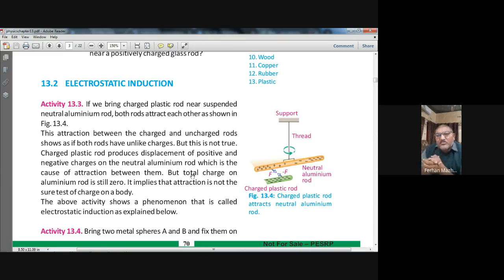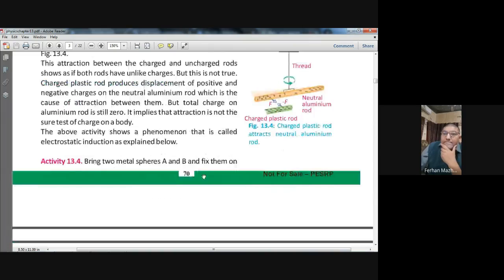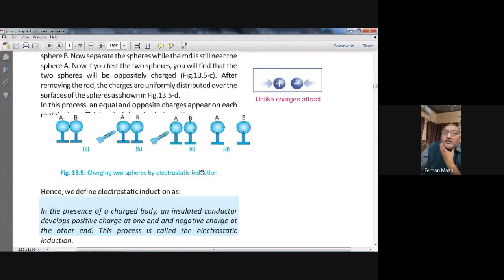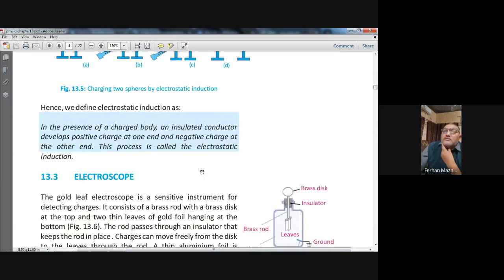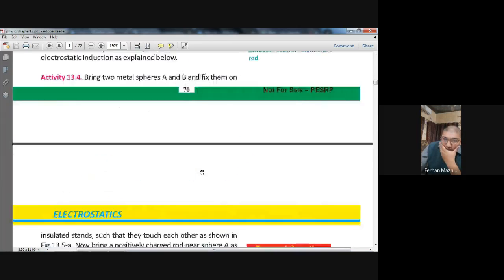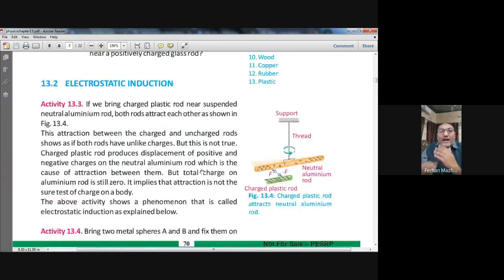Electrostatic induction means that, let me give you the, before I go into the electrostatic induction thing, when you rub, remember this thing, the insulators. In insulators, the body of the insulator can be charged.